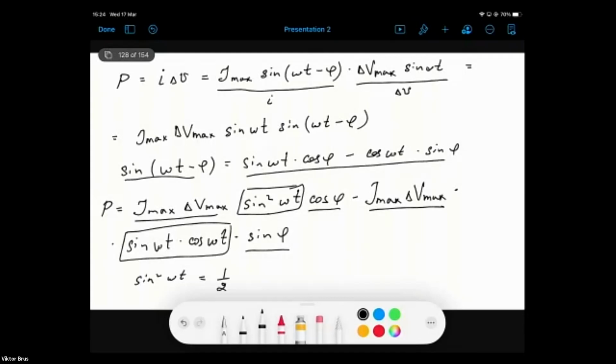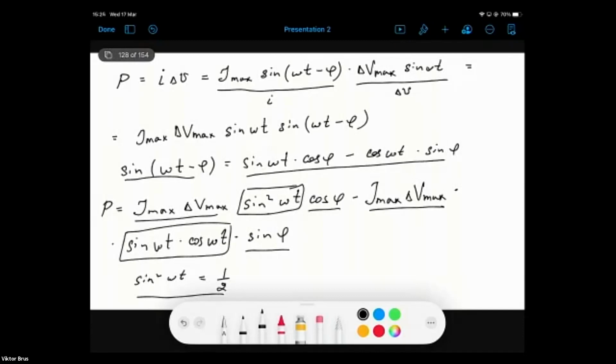And similarly, it can be shown, actually it is already almost obvious, for this function where we have the product of sine omega t times cosine omega t.